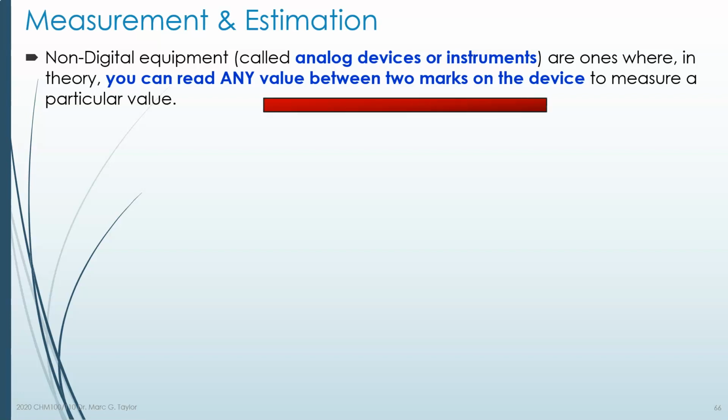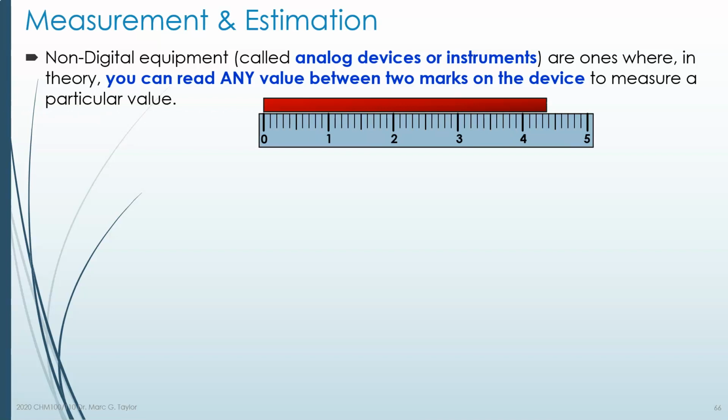So if you had a line shown here and you brought in a ruler, and we're not going to worry about units right now, you can see that the length of this red rectangle, the red line, is not exactly on any one of the particular tick marks, what we call tick marks or hatch marks or hash marks, on the ruler. It's somewhere in between. It could be right on the mark, but it could be right in between very frequently. This is an analog device. It could be any value.